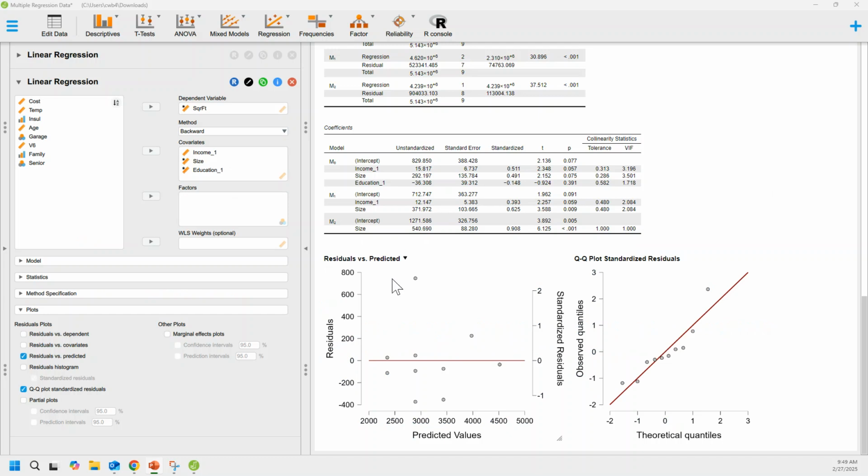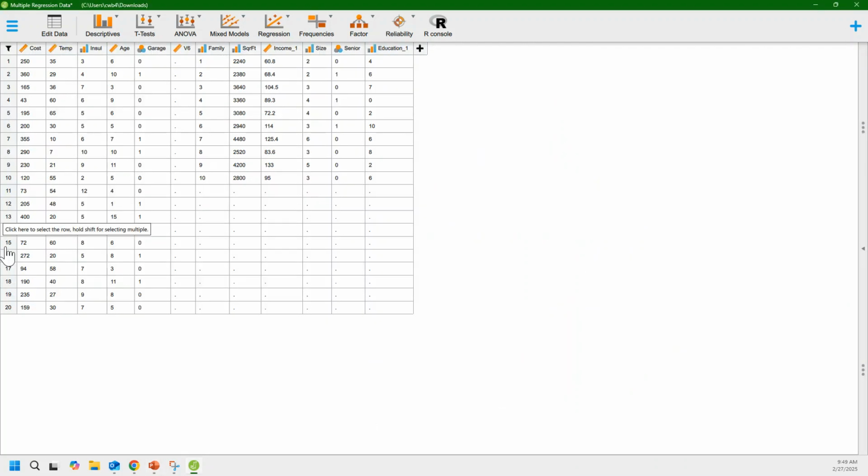And also, when we have points that may be very, very big, so there's a point with a square footage. I'm going to go back and look at my data. I may not be able to tell it here which point is causing the problems.